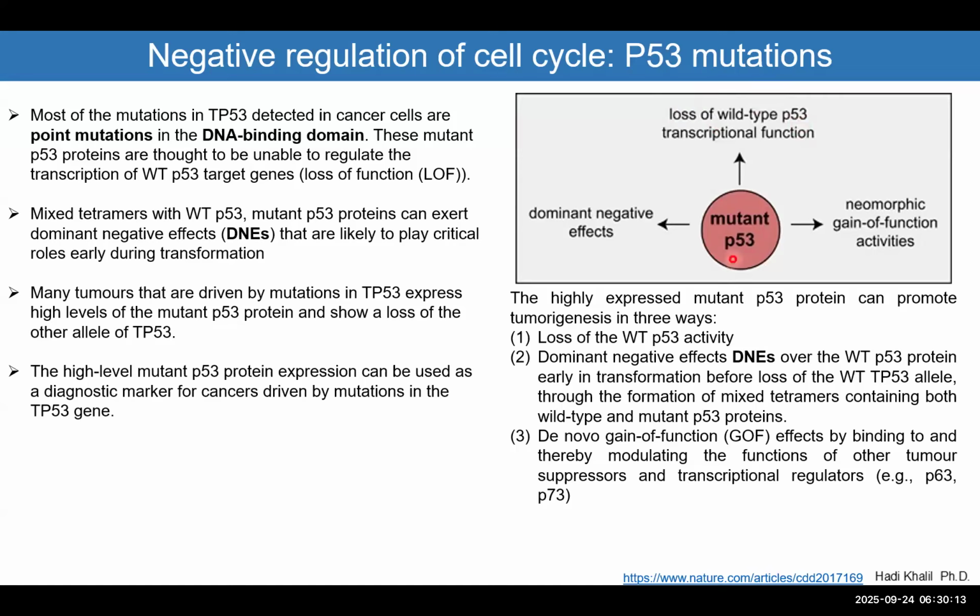That's why we say it's a de novo gain of function. This means a function that normally p53 doesn't do, but when it's mutated, it's going to do it, and therefore you don't know what it is. It could be a positive regulator. It could be a block of the apoptotic process. It could be an induction of an oncogene, which can cause a disease. Okay? So these are the three different scenarios that could arise from a mutation at the level of p53.